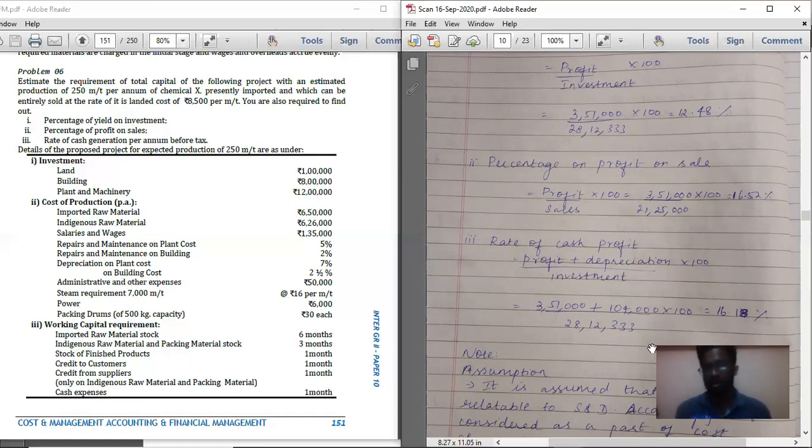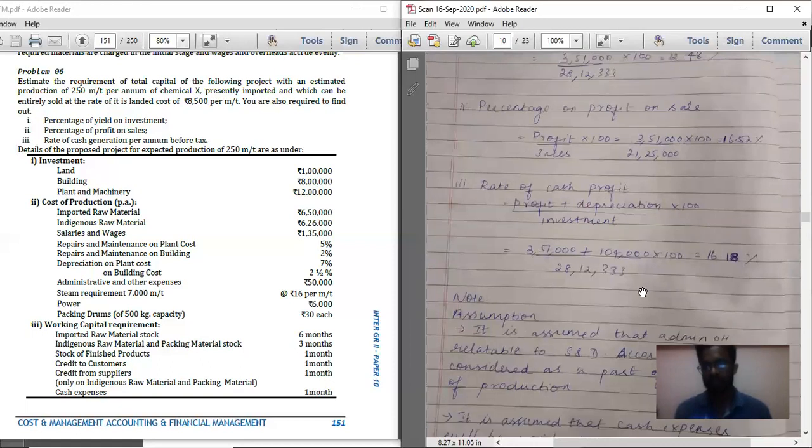You will get 1,04,000. So 3,51,000 plus 1,04,000 divided by 28 lakh 12,333. That is the investment value, which we found in statement number 3.